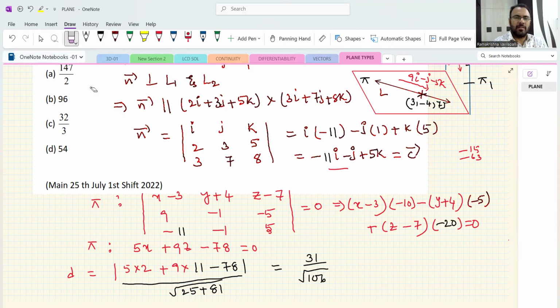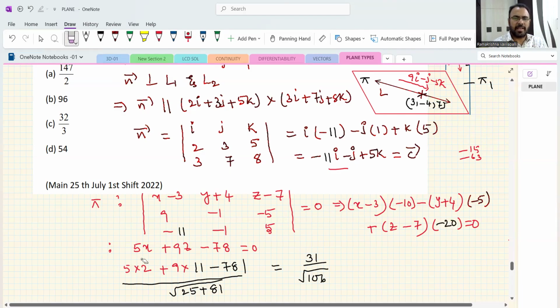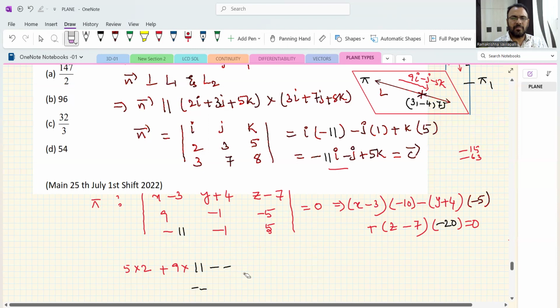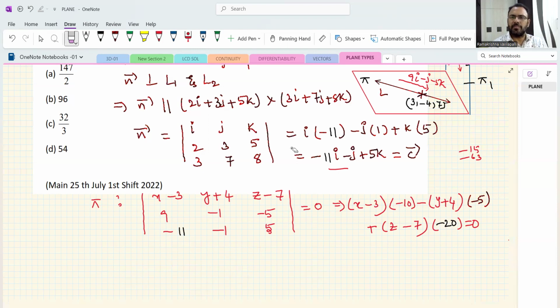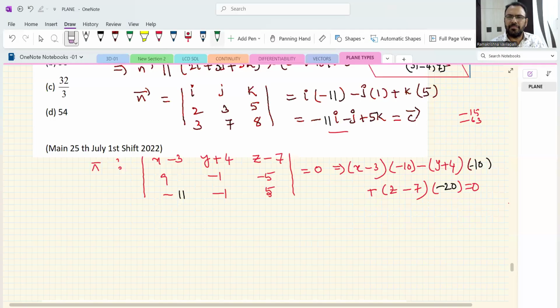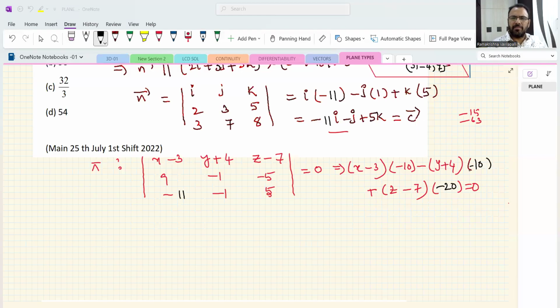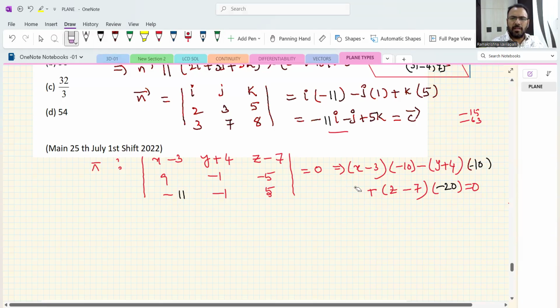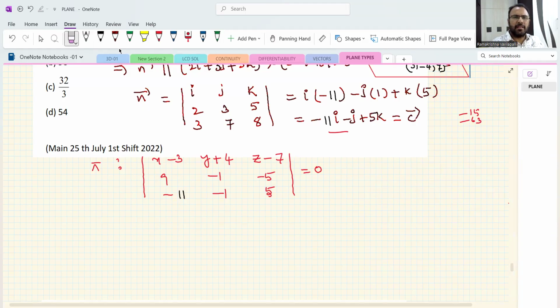Well, now I'll simplify this. Well, here is the equation of plane. I'll redo this calculation once again. Okay.